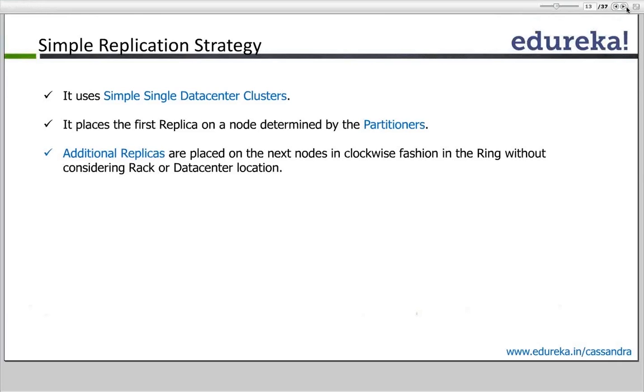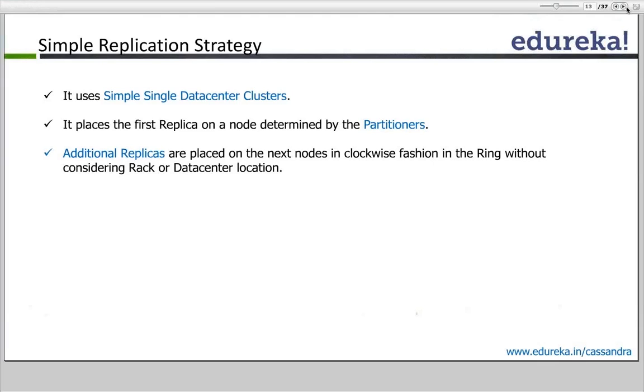A1 is the ownership of node 1, which is in the 0 to 25 Keyspace. A2, which is its replica, is stored on the next node, immediately next to it in the clockwise direction. Similarly, A3 is stored in the subsequent node in the clockwise direction. If you look at B1, B2, B3, C1, C2, C3, all of them work on similar principles.